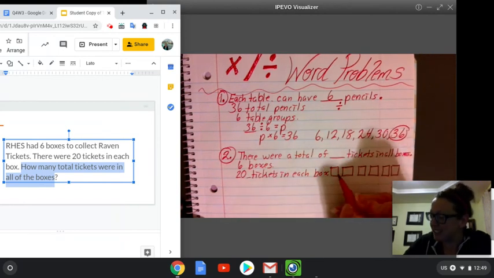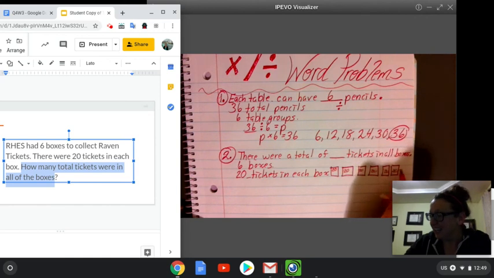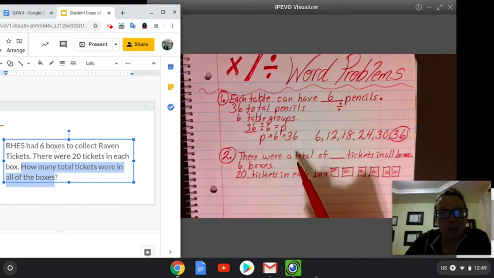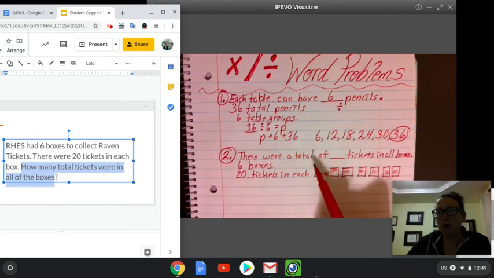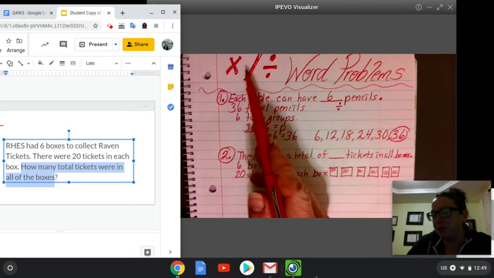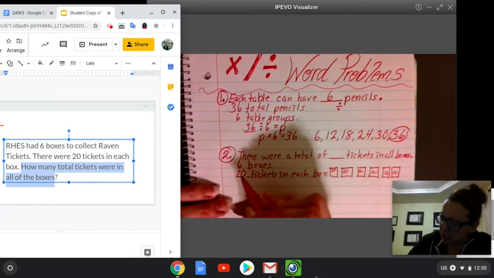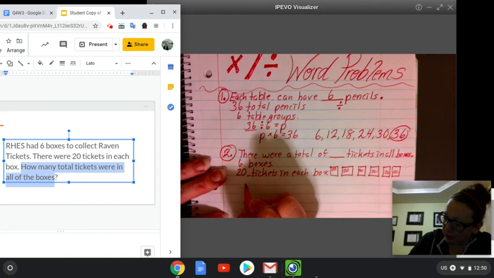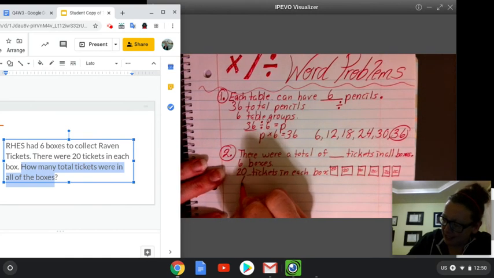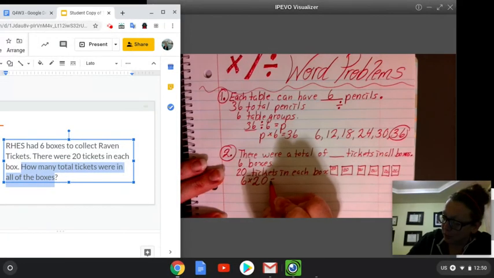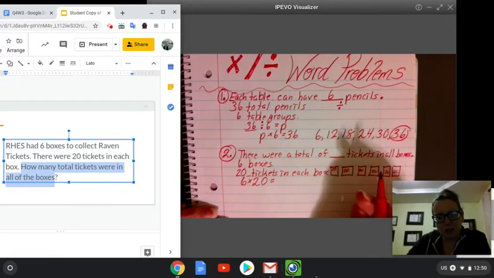They're saying that each of these 6 boxes has 20 tickets in it. And it already said that we're looking for a total. So if we're trying to find a total, is that multiplication or division? Great, it's multiplication. So really what I'm looking for is 6 groups of 20 would equal how much?